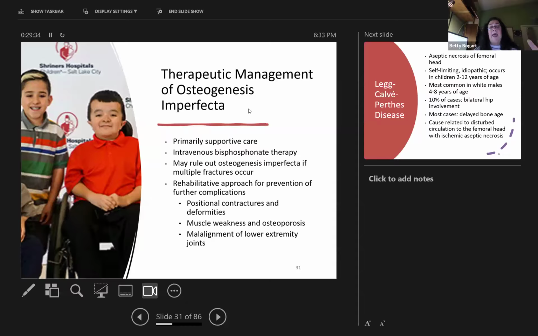But we want to keep them at least able to be in a wheelchair to keep themselves mobile, because they need to take care of themselves in some way. At least they can move themselves around. They used to come into the cafeteria, and you'd hear them coming on their electric wheelchairs with little horns going beep, beep, beep, beep, like, oh, here they come. And many of them were children with osteogenesis imperfecta.